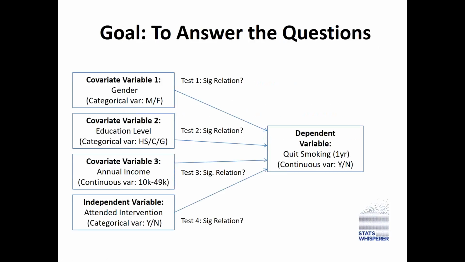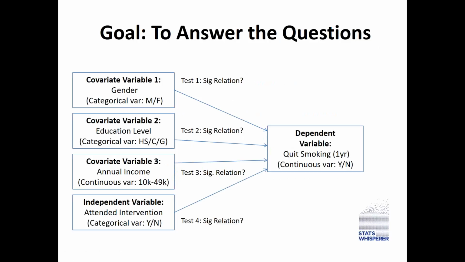Okay, so our goal in our bivariate analysis is to determine significant relationships. Is gender related to quitting smoking at a statistically significant level? Is education related to quitting smoking at a significant level?